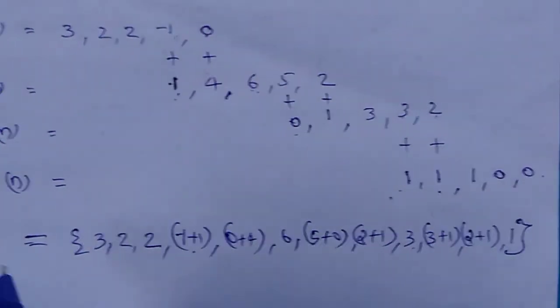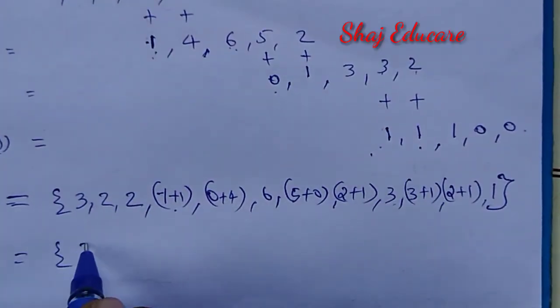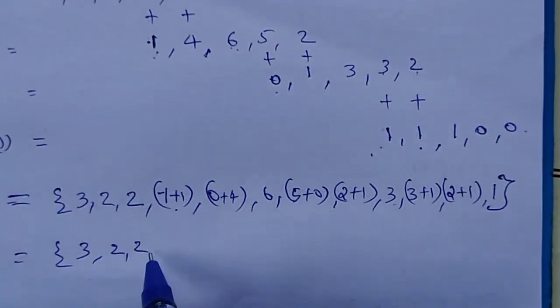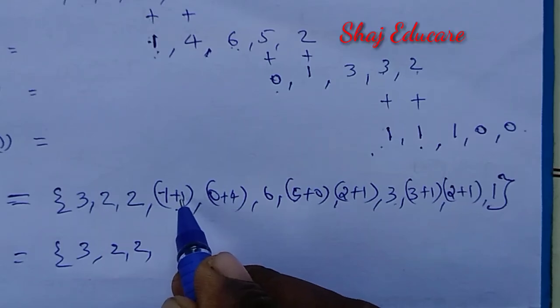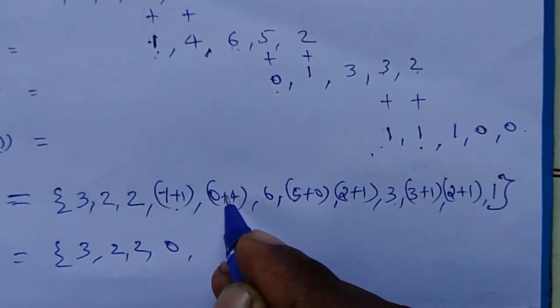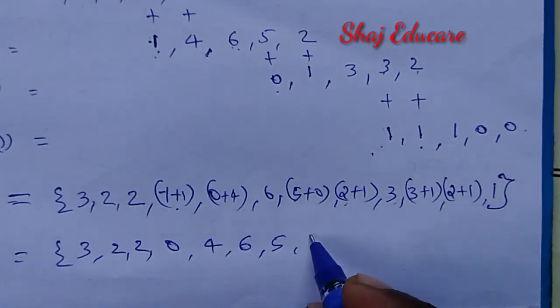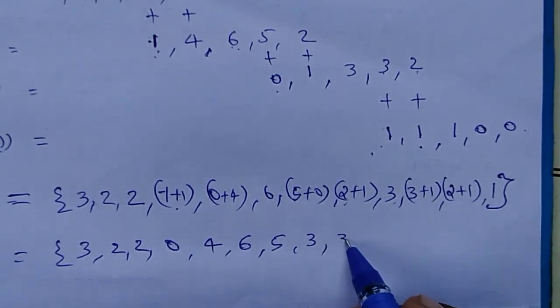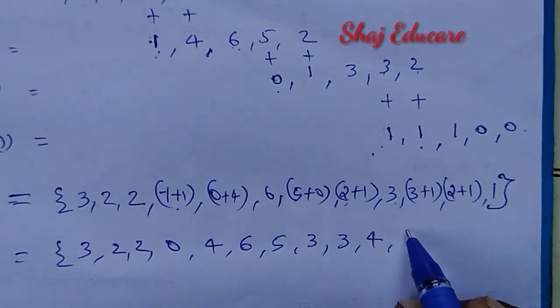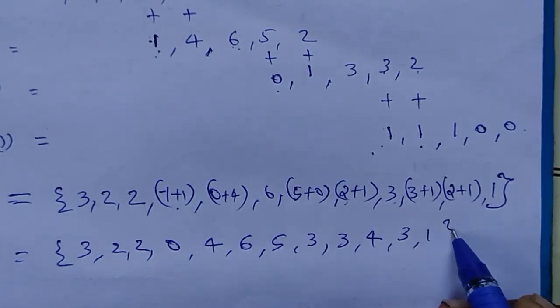Now let us write the final result. 3, 2, minus 1 plus 1 becomes 0, 0 plus 4 is 4, 6, 5, 2 plus 3, 2 plus 1 is 3, 3, 3 plus 1 is 4, and 3, 2 plus 1 is 3.